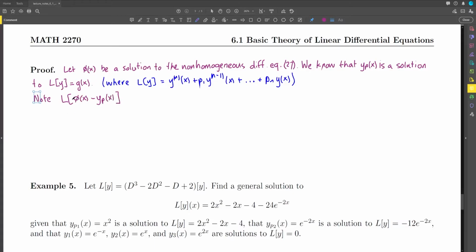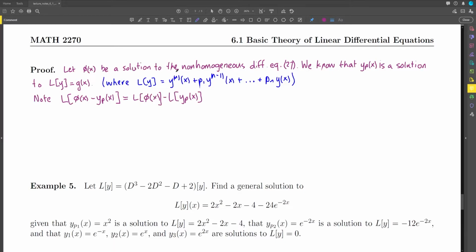We know that the linear differential operator is linear, so we can write the linear operator on phi of x minus the linear operator of yp of x.